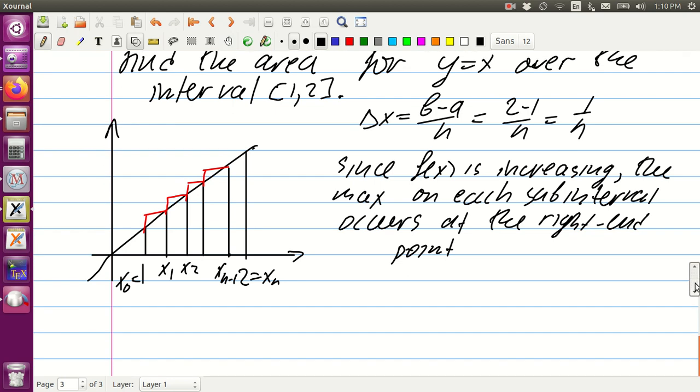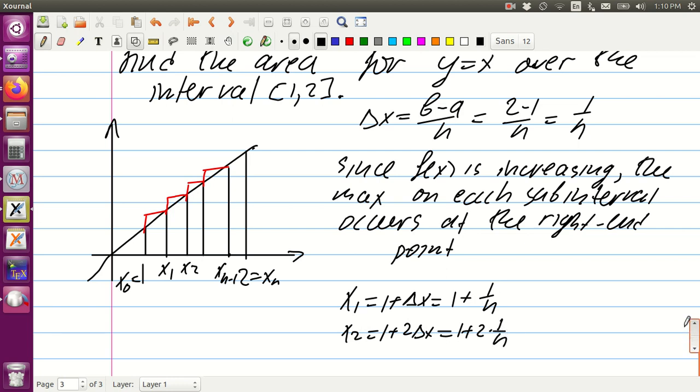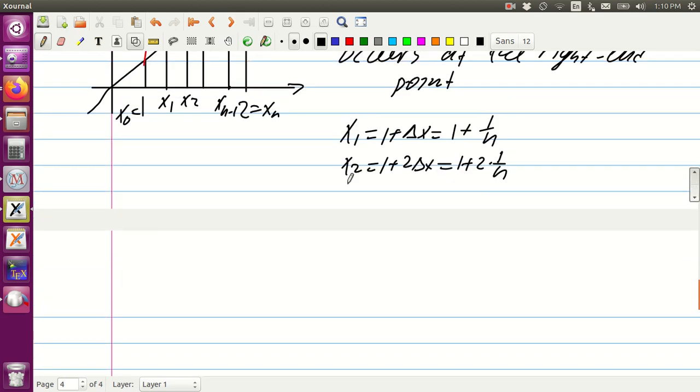So before we do that, let's write out x1. x1 is 1 plus delta x, or 1 plus 1 over n. Again, it's the same as the last lecture. So the second one is 1 plus 2 delta x. And then the third one is 1 plus 3 delta x.